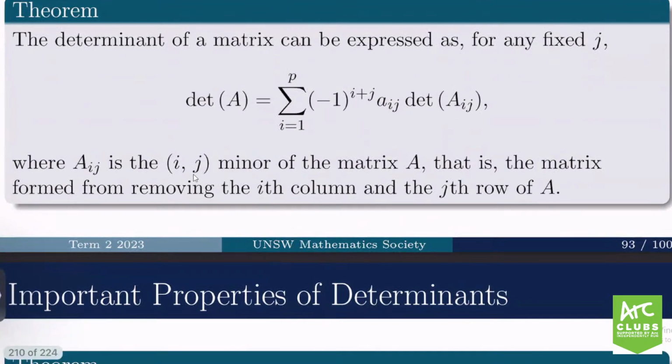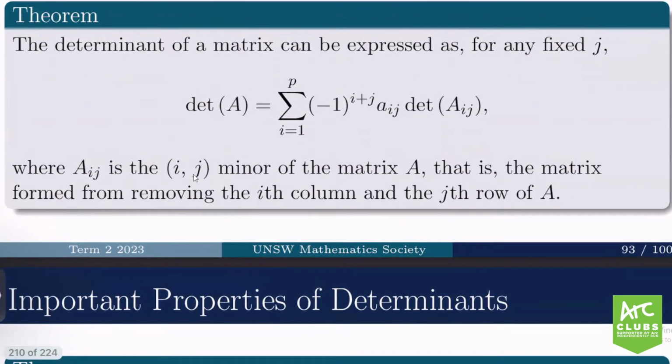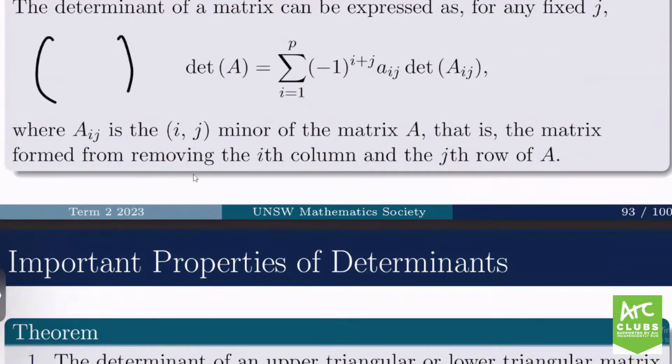Now, we also have this definition here, which says that the determinant of a matrix can be written in terms of Aij, where Aij is the ij minor of that matrix. The ij minor is what you get if I take an element ij here and delete that column and delete that row.